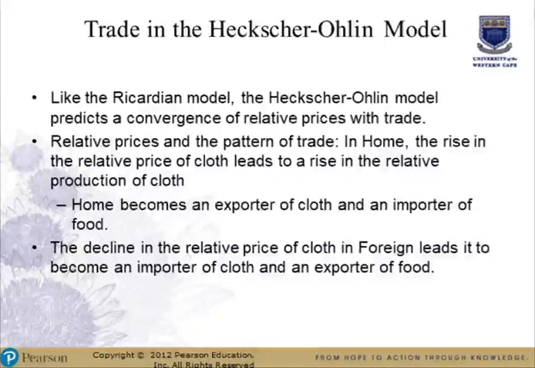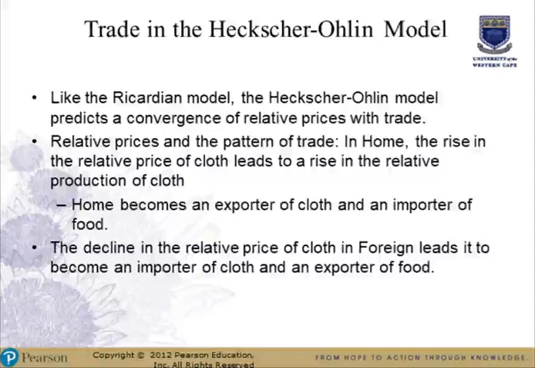Firstly, we observe convergence in relative prices with trade. That is, the relative price of cloth rises in the relative labor abundant country and falls in the relative labor scarce country. This outcome is the same as what we concluded in the Ricardian model. Secondly, the rise in the relative price of cloth leads to an increase in the production of cloth and a reduction in the production of food.